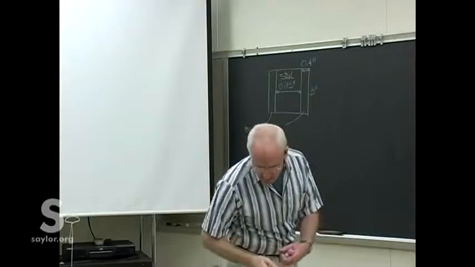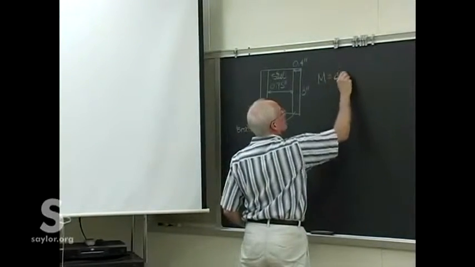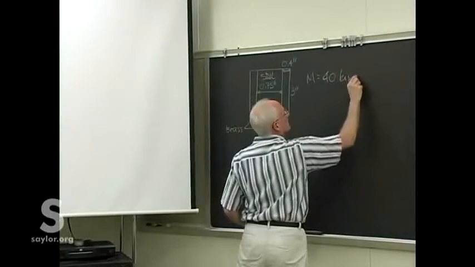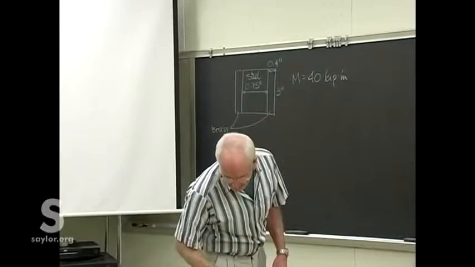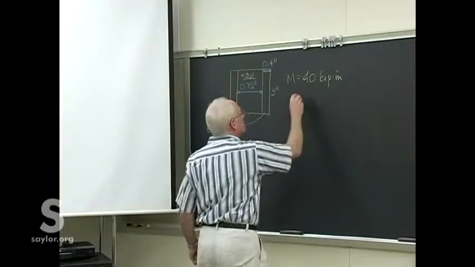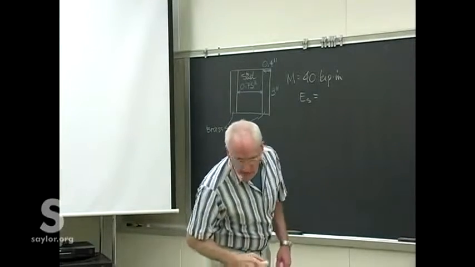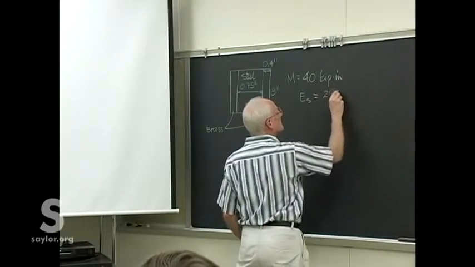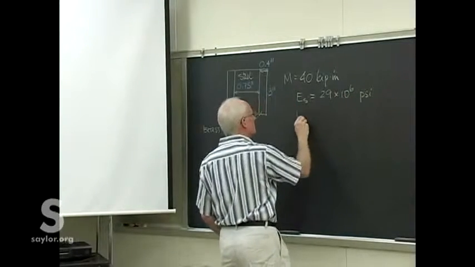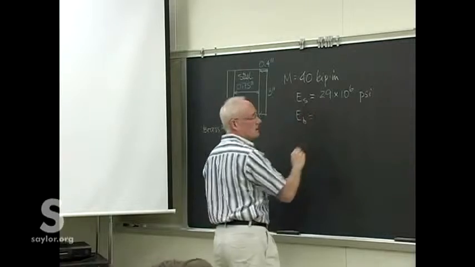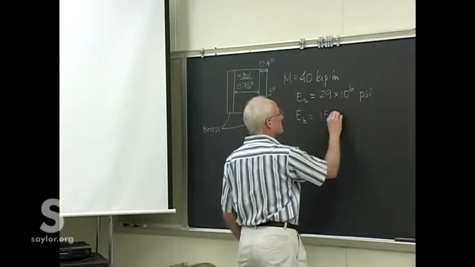The load is 40 kip-inches. A kip-inch. And the Young's modulus, 29 times 10 to the 6th psi for the steel, and for the brass, 15 times 10 to the 6th.